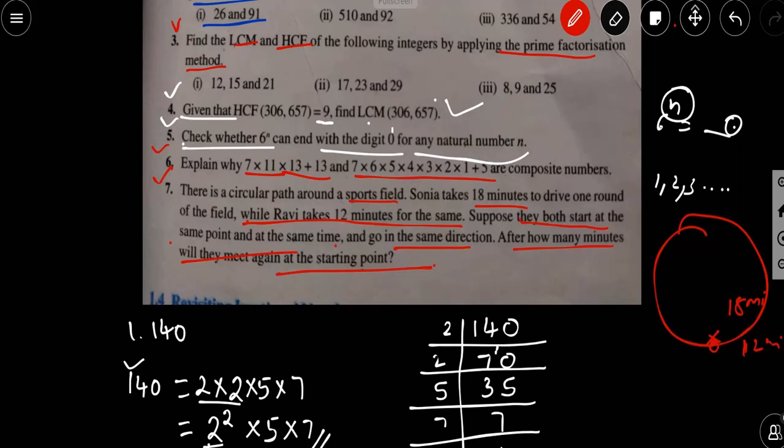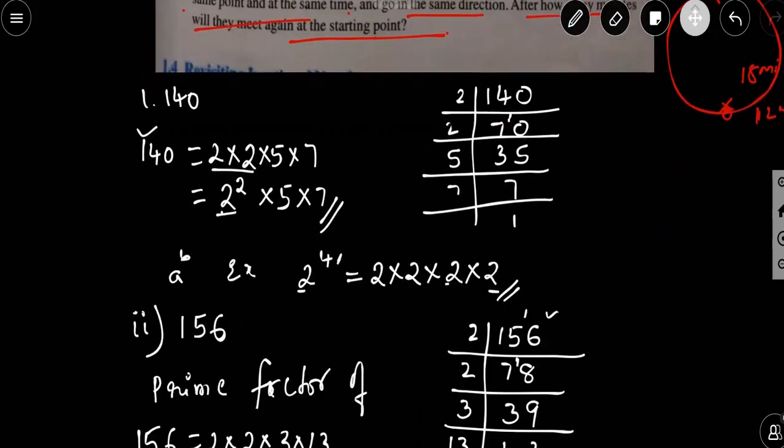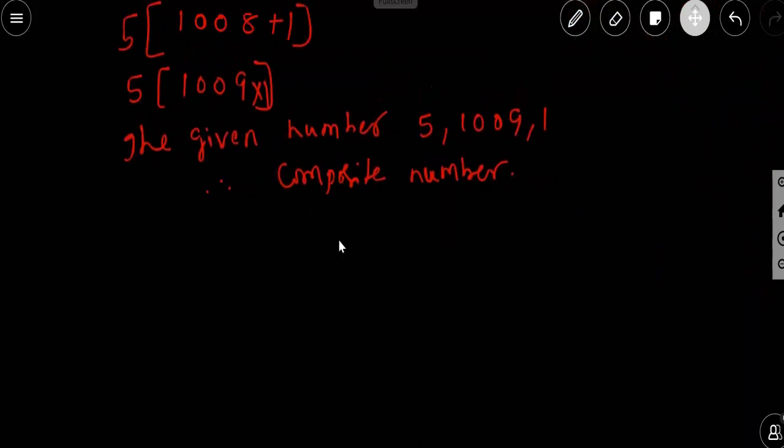Let's go through the problem one more time. What is given in the problem? Problem number 7: Sonia, a girl, is moving on a circular path, and she takes 18 minutes.